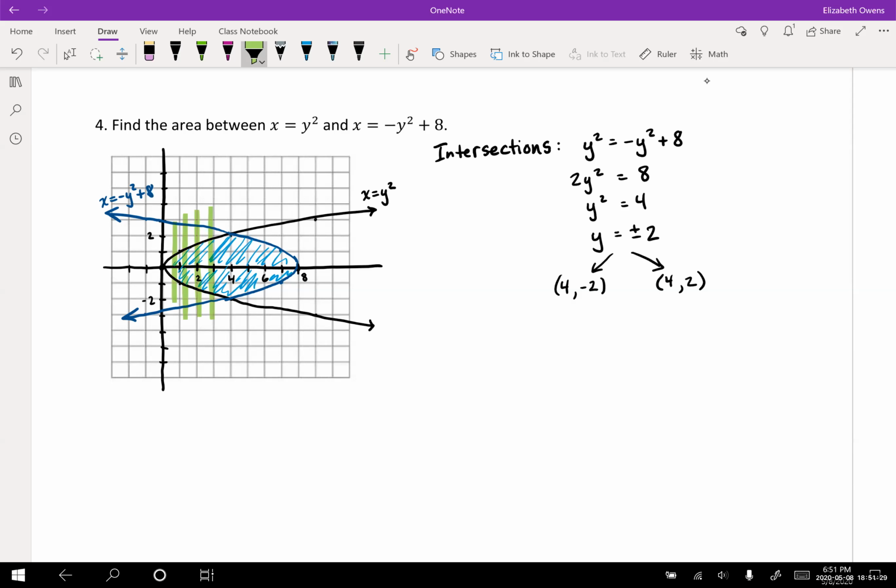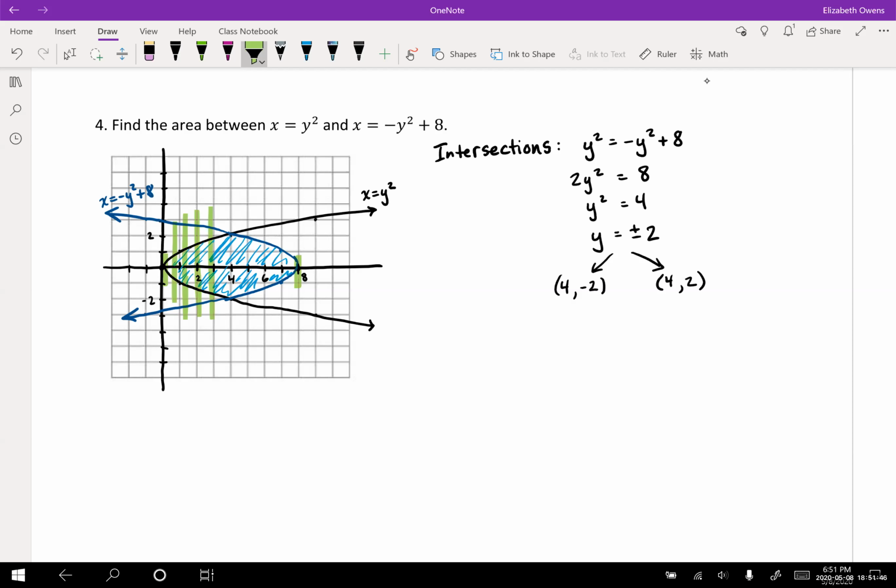So we can see the limits are pretty clear. You'd go from 0 to 8.